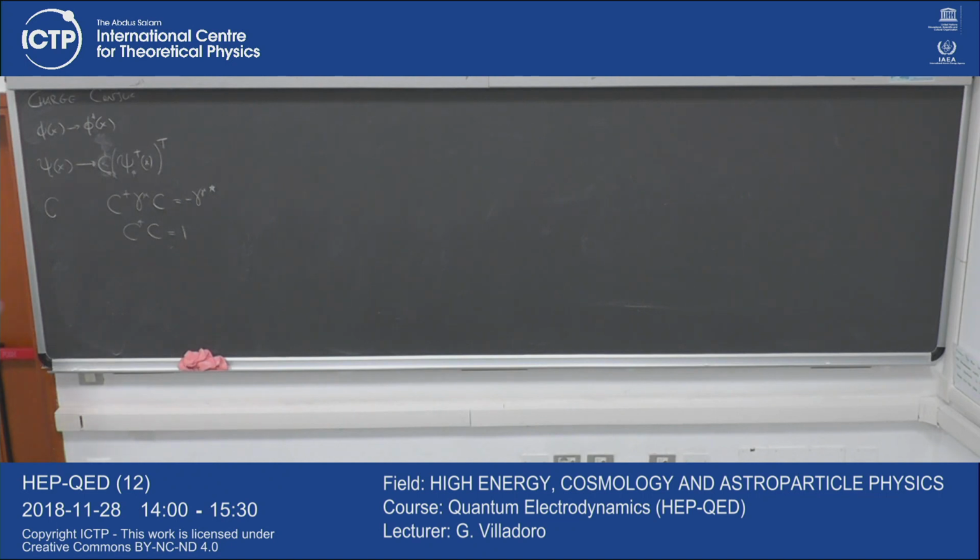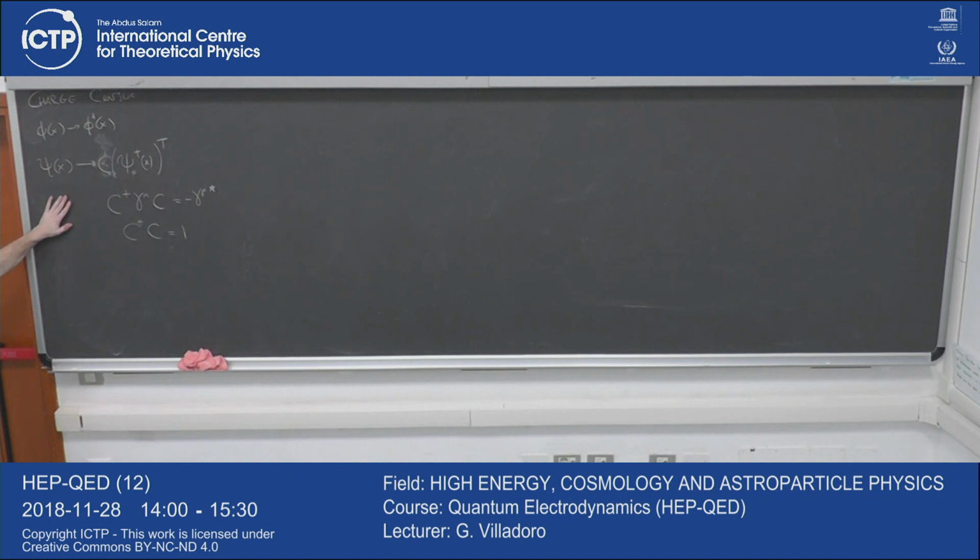So if you can find a matrix C that satisfies these two conditions, the Lagrangian is invariant under this transformation. Well, can we find a matrix that does this? Yes, it's always possible to find one.